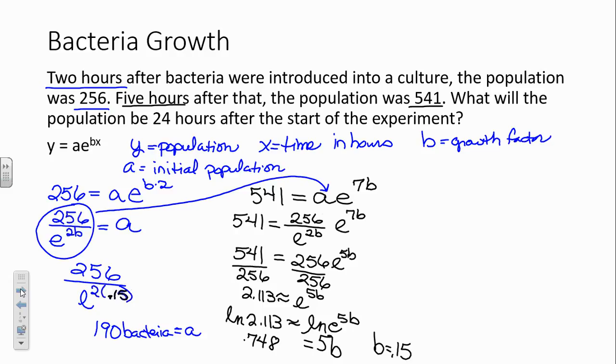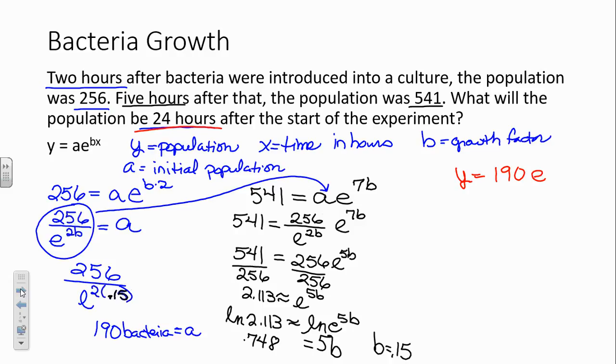A lot of work, right? We still haven't answered our final question. So what's our final question? Yeah, how many after 24 hours, right? Okay. So to find out how many there are after 24 hours, all the hard work's done. We have our initial problem of y equals, our new a is now 190 times e to the something b, right?